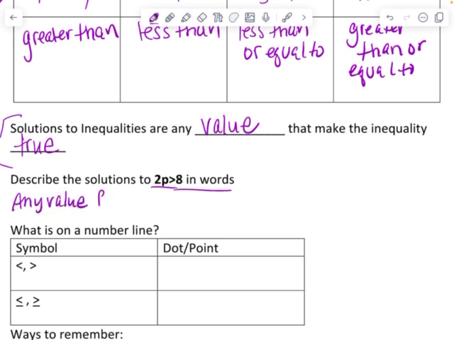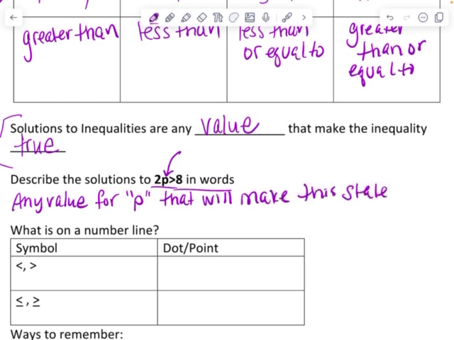So the solutions will be any value for p, and I put that in quotes because that means any value for that variable p that will make this statement true. Okay? So any value for p that will make the statement true.